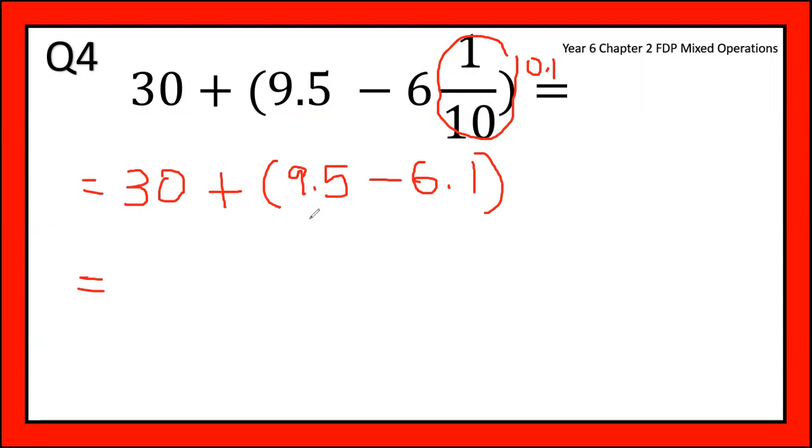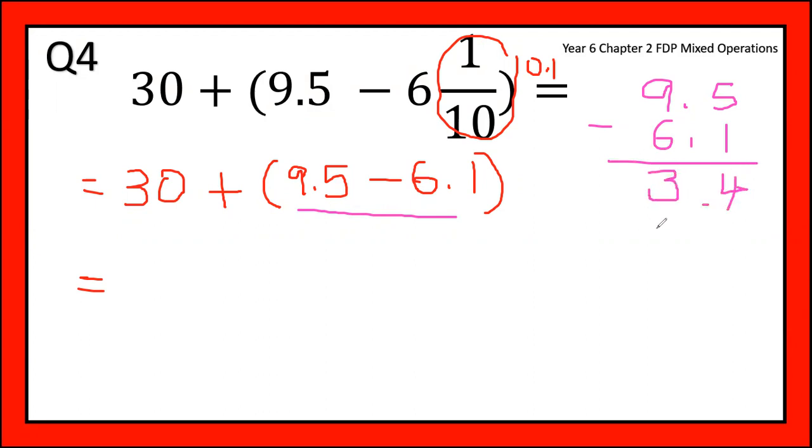So we definitely have to solve what's inside the bracket first. So do your standard written method at the side. 9.5 minus 6.1. And that's going to give you 4 here and 3 here, 3.4. End of the day, you're going to come back to your question and write now 30 plus 3.4. So continue with your standard written method here at the side, plus with 30.